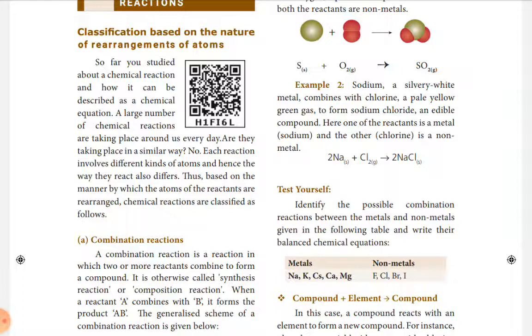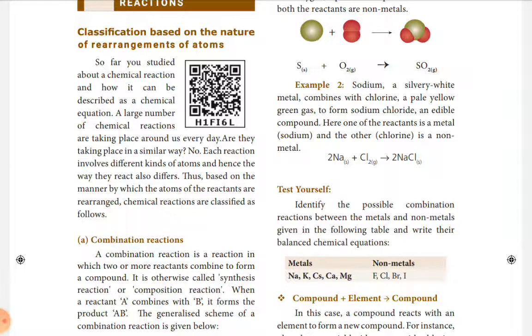Then displacement reaction. In displacement reactions, the element and compound reactants are rearranged, replaced. Normally the most reactive element replaces the less reactive element from its compound solution. Then double displacement reaction.